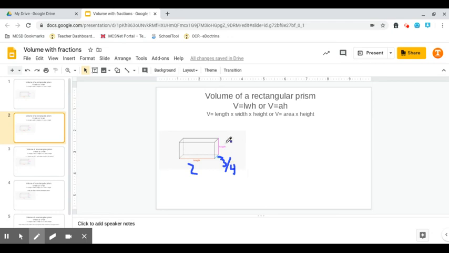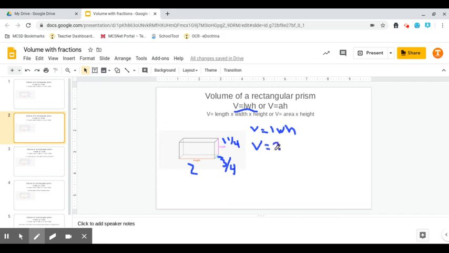And the height, we're going to go as 1 and 1/4. So I know the length, the width, and the height. So if I know the length, width, and height, I would use this formula right here. Volume is length times width times height. Okay, now I just plug in the numbers I have.